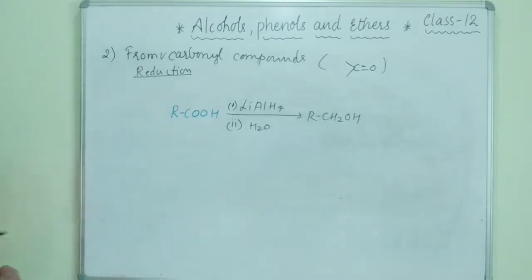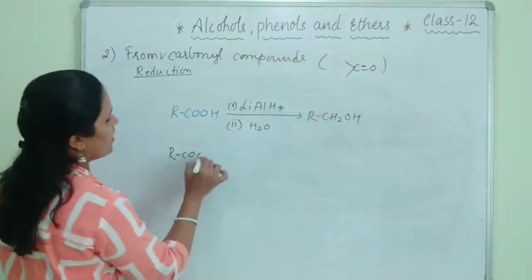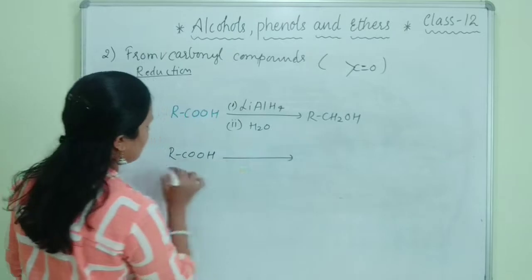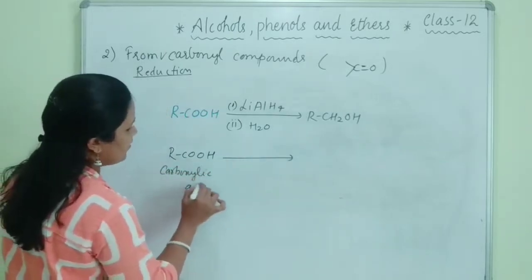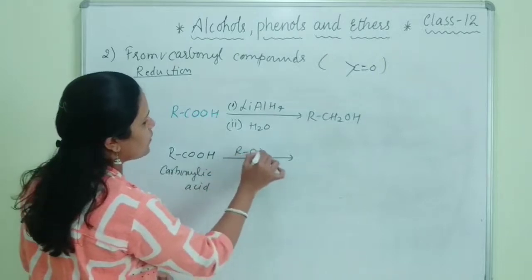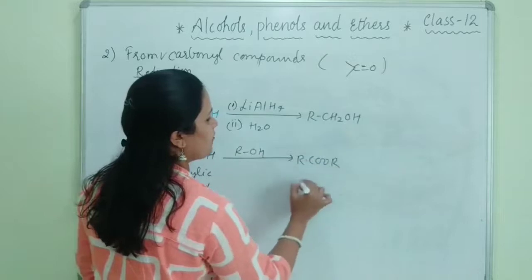Now if we have esters also, those esters will also convert into alcohol. Another method of converting: if I have a carboxylic acid, and carboxylic acid reacts with alcohol, we know that they can form esters.